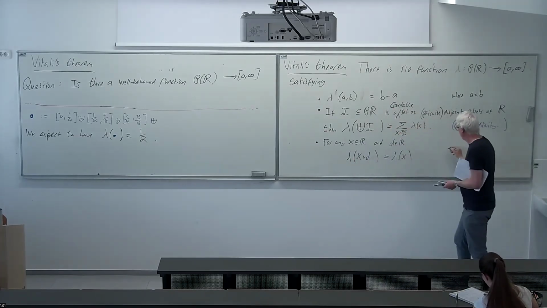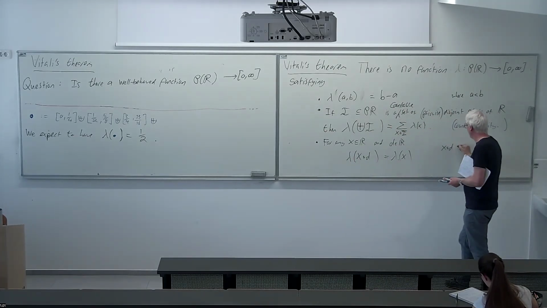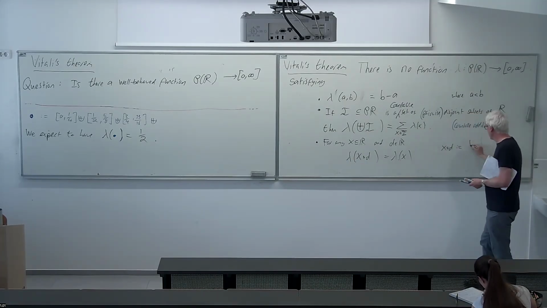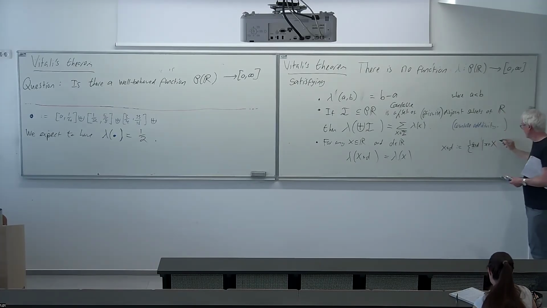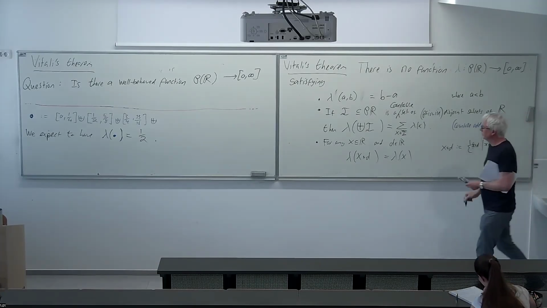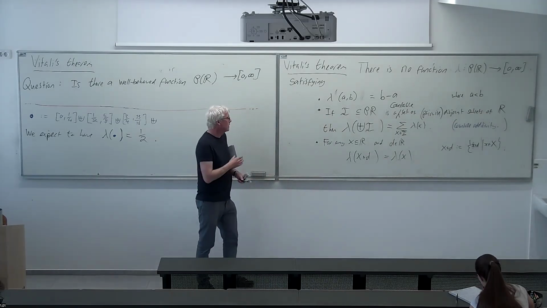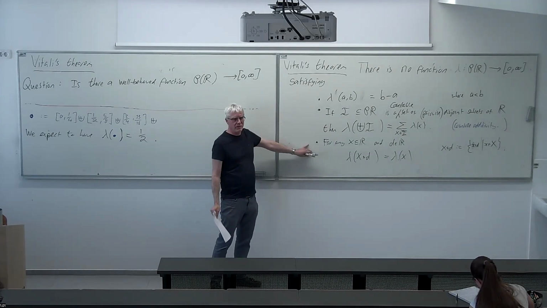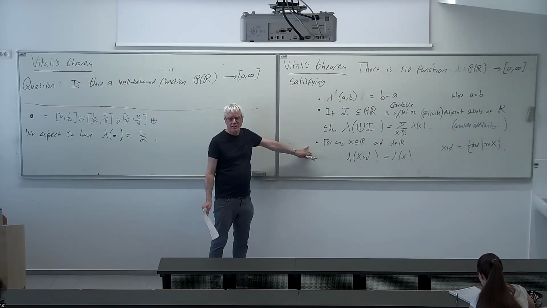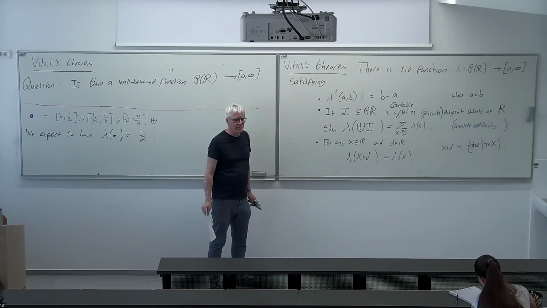Here x plus d, by definition, means the set of all little x plus d for little x in x. So these seem like reasonable conditions to have for a length function, and there's no way of satisfying them all. That's what Vitali's theorem says.